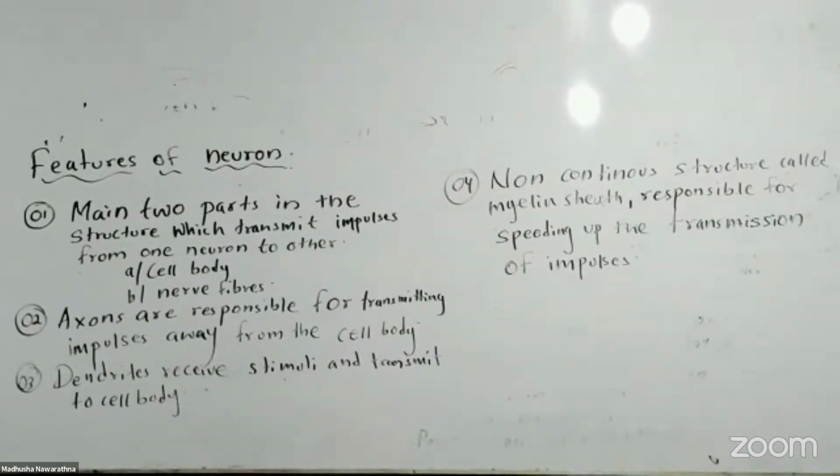Not the exact amount, what approximate number? What do you know about this? Now, nearly 135 billion. 135 billion neurons.